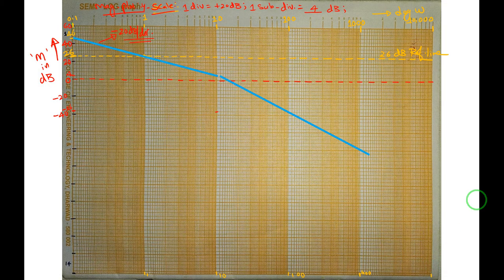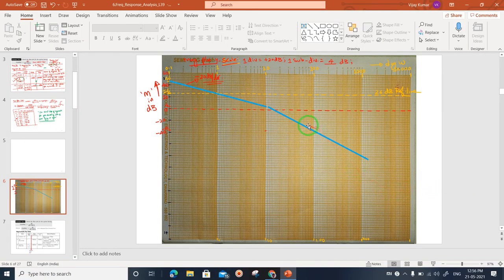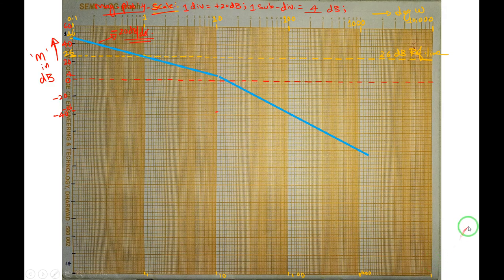You can observe here, the line has a small gap. Okay, fine. Now it left. This should join.